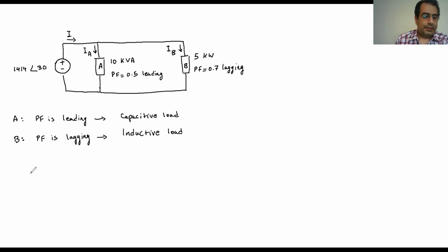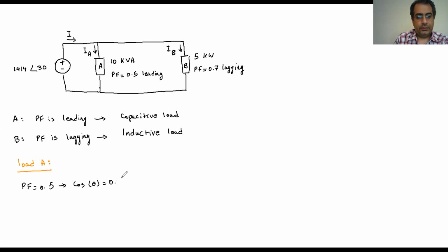Now let's do the calculation. We'll start from the load A. The power factor is 0.5, so it means that the cosine theta at A is 0.5.